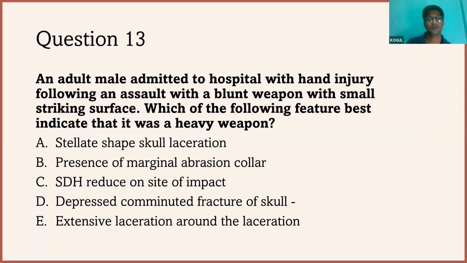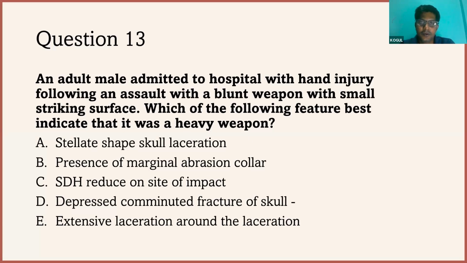The question is a single best answer. This is not true or false. We are now getting these types of questions. Whenever they give this type of question, you should go through every keyword. So it's an adult male, that is a keyword.